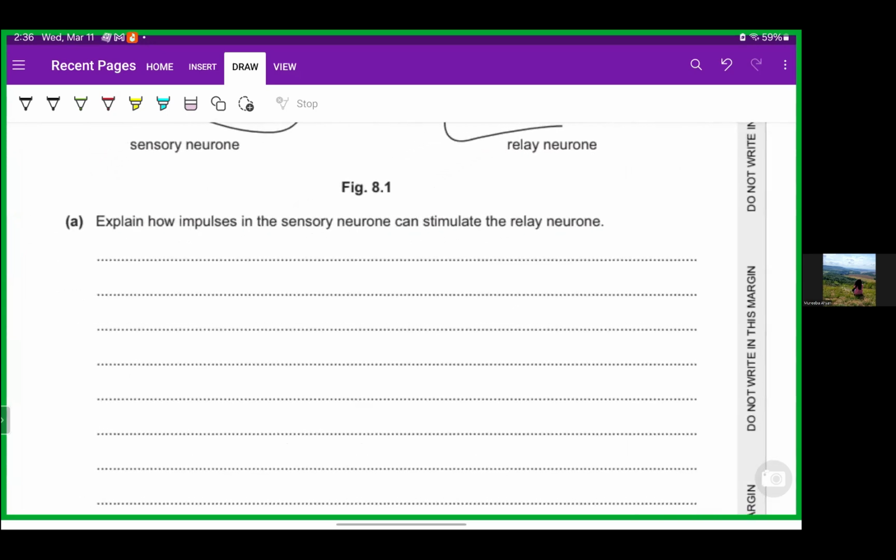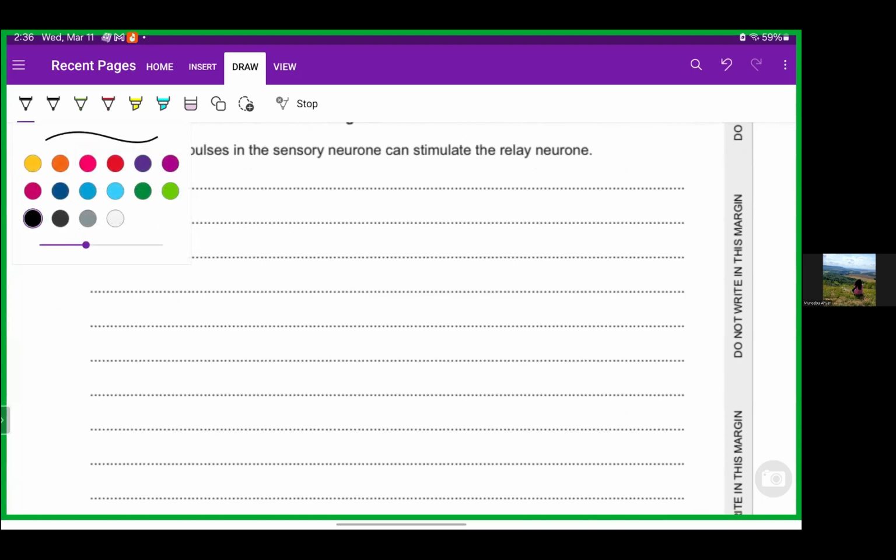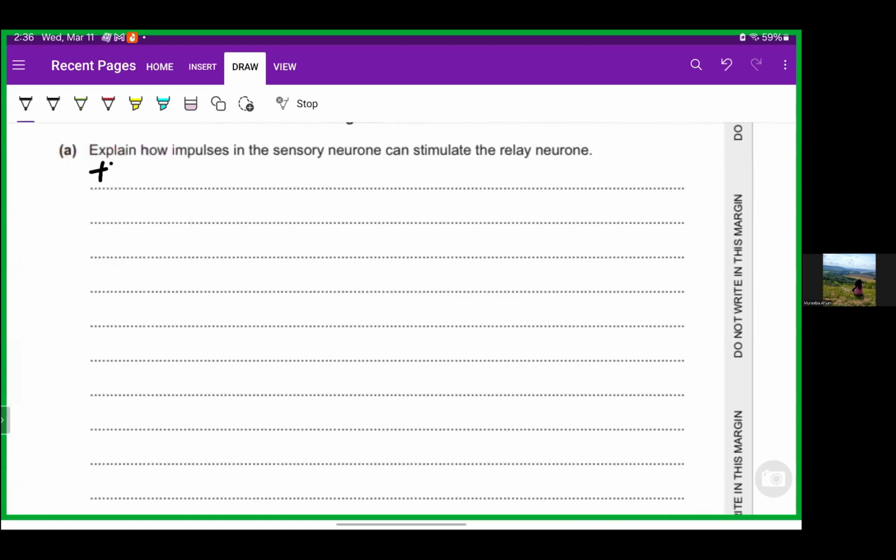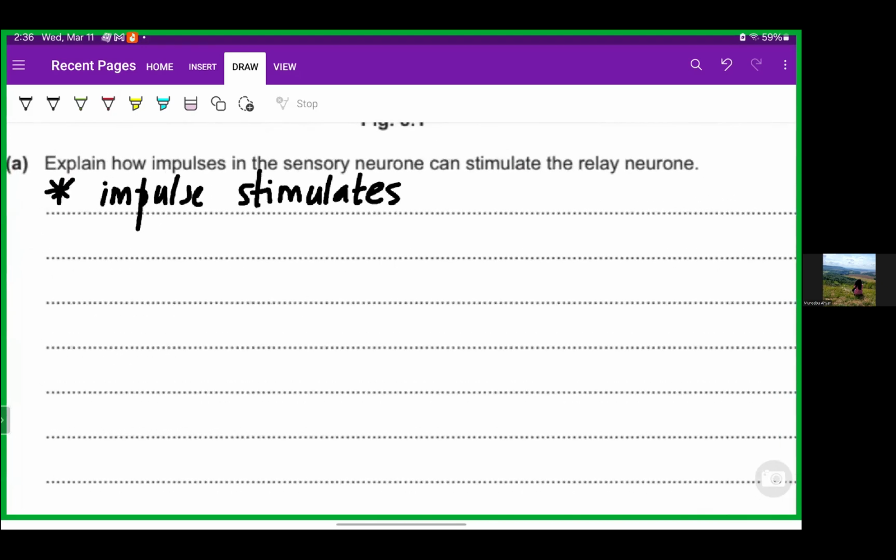Okay, so what happens is, firstly, the impulse stimulates sensory neuron, and what will happen?